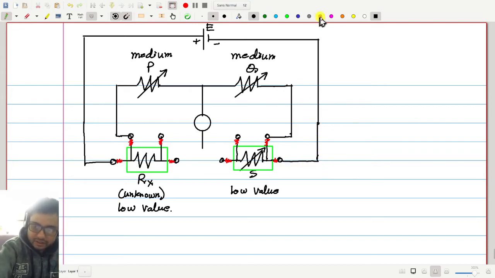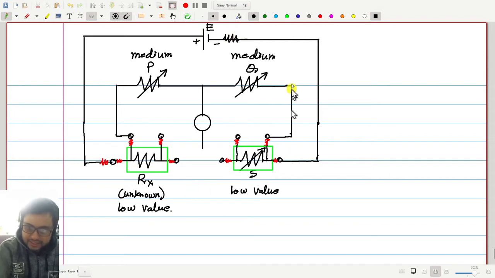Now you see some of these lead resistances are not going to create any problem. For example, this and this, these two you can think as a part of the supply line, or part of the battery resistance, and that is not a problem. The battery may also have some resistance and that never comes in the balance equation. So this resistance you can think as a part of the battery resistance.